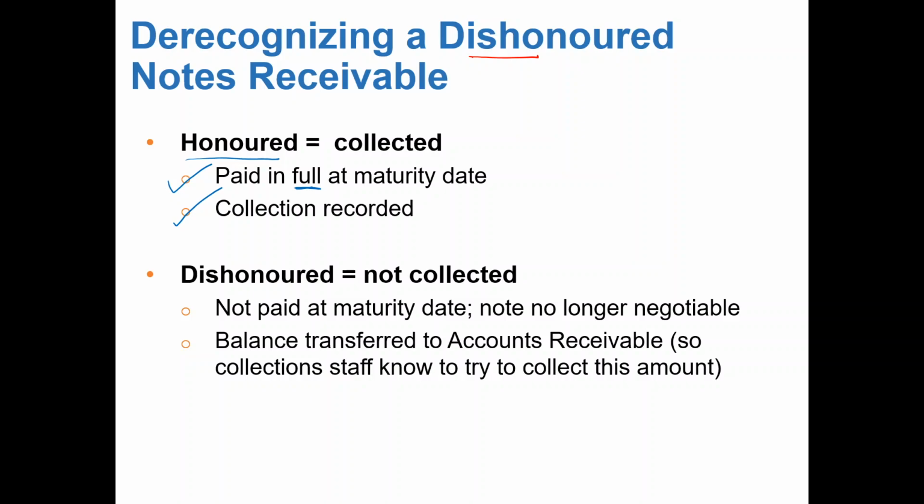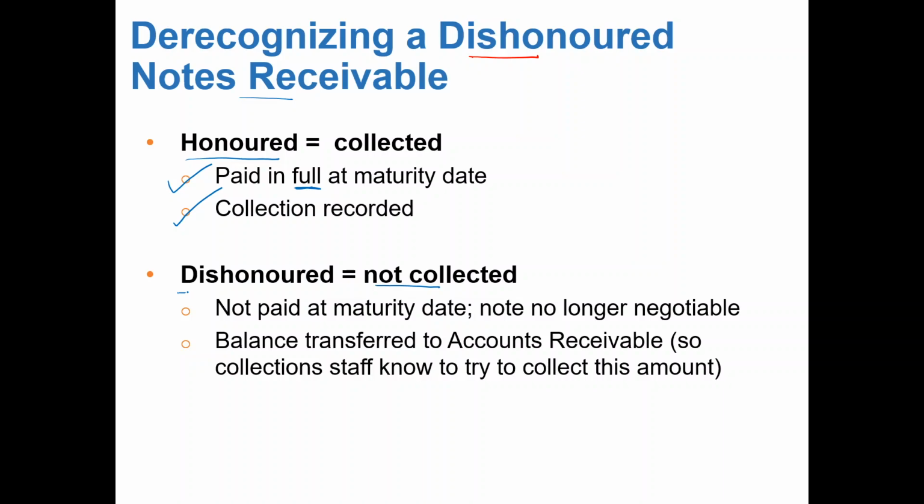We got the cash. But it's possible, just like accounts receivable, that whoever has this note outstanding, so the person we've lent money to, might not actually be able to pay us. So when we get to that maturity date, we might not be able to collect on the note.